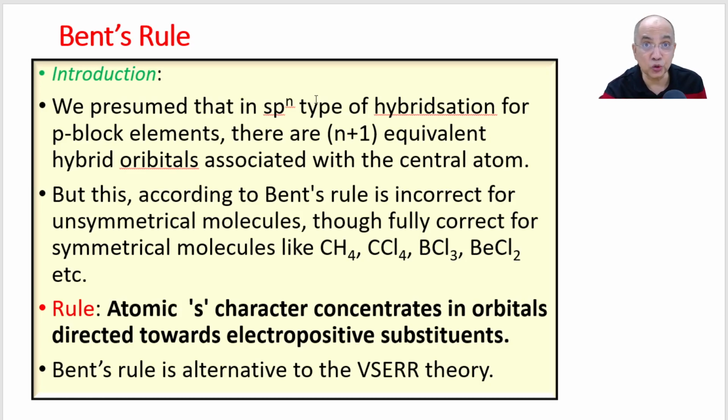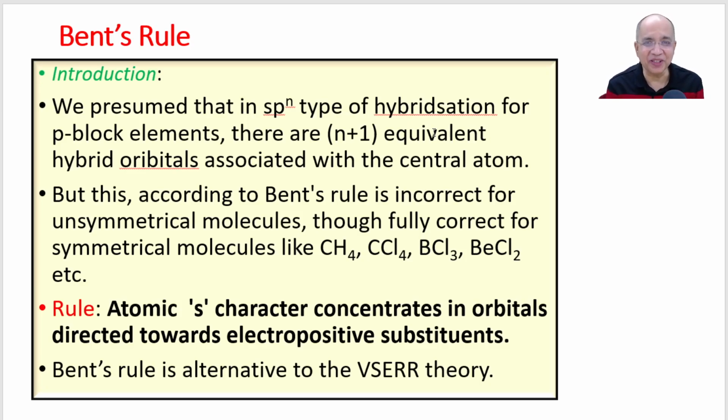If it is sp2, we say 3 equivalent hybrid orbitals are formed, and so also in sp, 2 equivalent hybrid orbitals are formed. So in spn, in general, in spn type of hybridization, we have n plus 1 equivalent orbitals. Those are associated with the central atom. That is our feeling so far. But Bent said no.